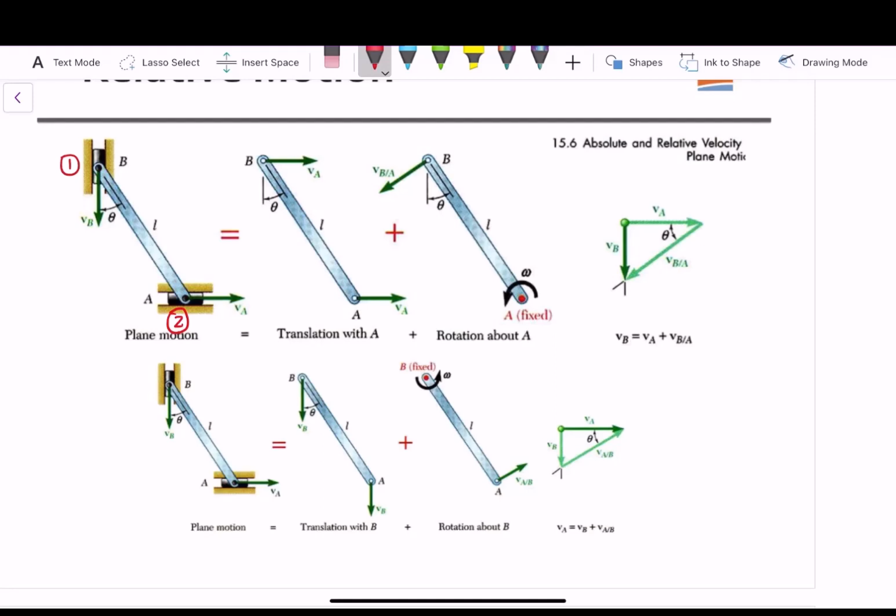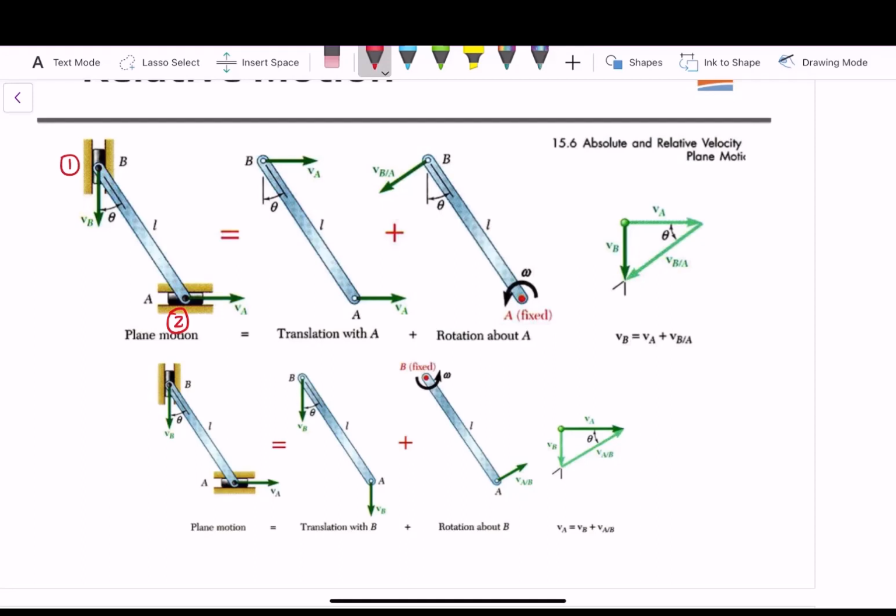Another example that you might see, whether in the textbook or elsewhere, would be a broom or something leaning up against the wall that starts sliding down. Same idea. It's still constrained, where you have the top sliding down the wall and the bottom sliding along the ground. So this planar motion can be looked at from two different perspectives.